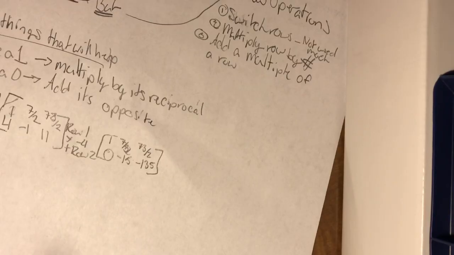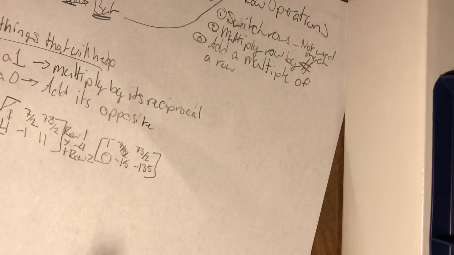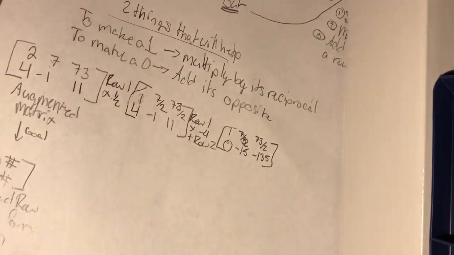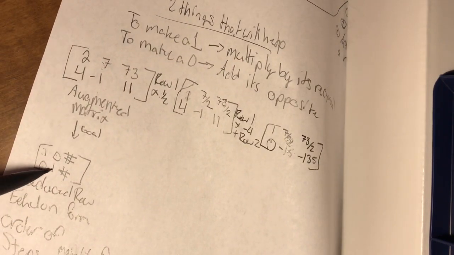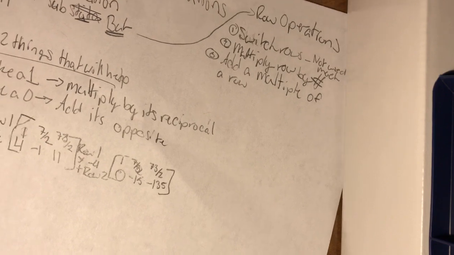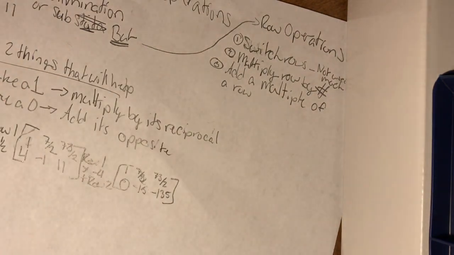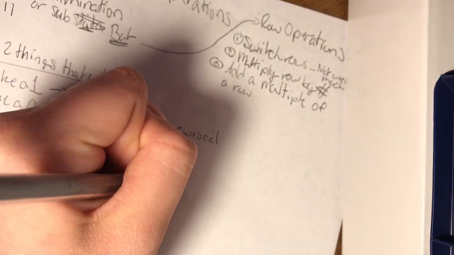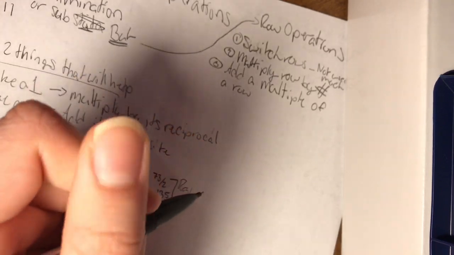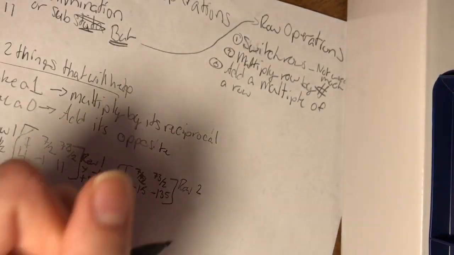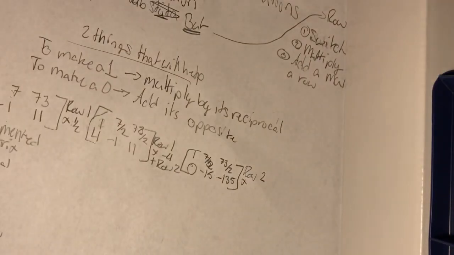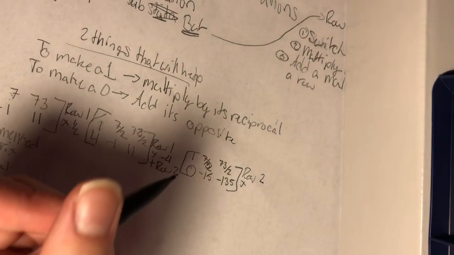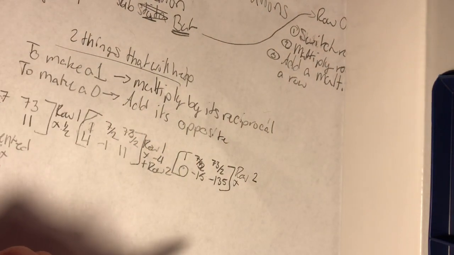So next we're gonna do this number. So we only change row 2. So we do row 2 times the opposite.